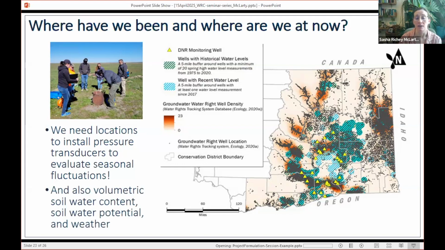And also, I have instruments for volumetric soil water content, soil water potential, and weather to basically monitor the full water budget at point locations across as much of the Columbia Plateau system as possible, to better ground truth our remotely sensed observations and to hopefully more holistically have tools to understand the role of groundwater in the water budget for management as well.